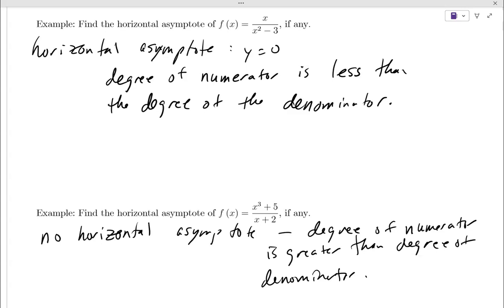So if I look up here at this first one, I'd be just looking at those two pieces. If I'm thinking about end behavior, it's the highest degree term that matters. What I just circled, what would that simplify to? 1 over x, which we said had a horizontal asymptote of y equals 0. Over here are your leading terms. If I simplify those, what would you get? x squared. That looks like this, doesn't it? No horizontal asymptote there.